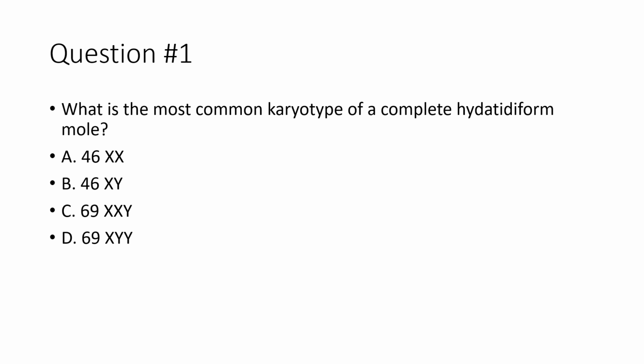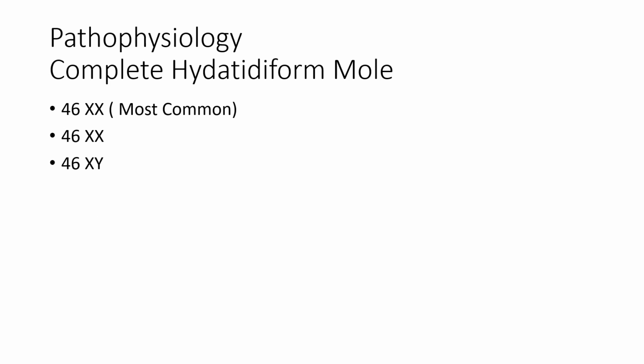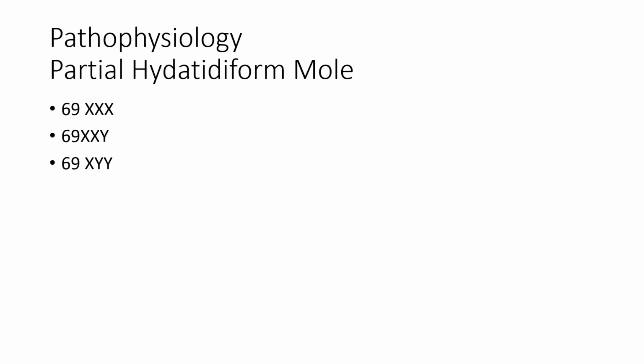So question number 1, what is the most common karyotype of a complete hydatidiform mole? For the pathophysiology of complete hydatidiform mole, the most common is 46XX, compared to 46XY, while a partial hydatidiform mole would be 69XXX, XXY, and XYY.